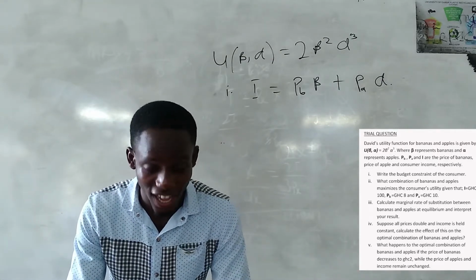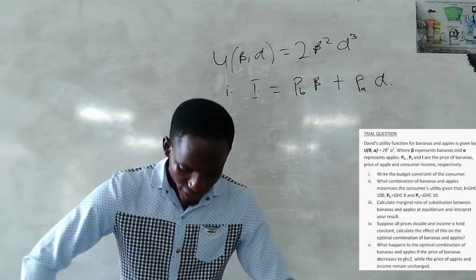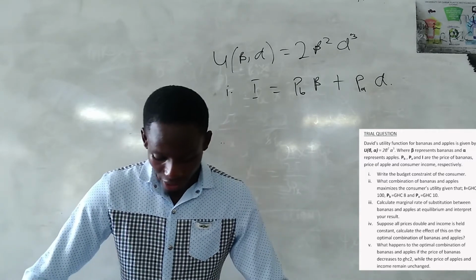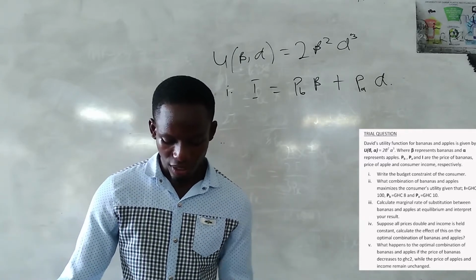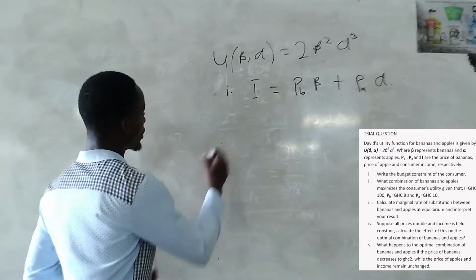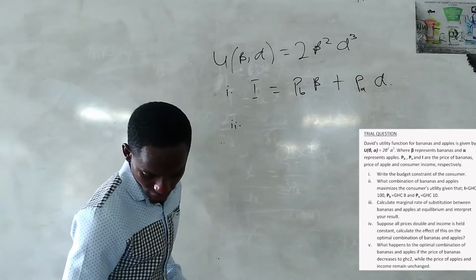So as I said, if you look at this, banana and apple, we are using beta and alpha for them. So when I ask you to find or state the budget constraint, you state your budget constraint based on the commodities you are spending your money on. Here we have beta and alpha.